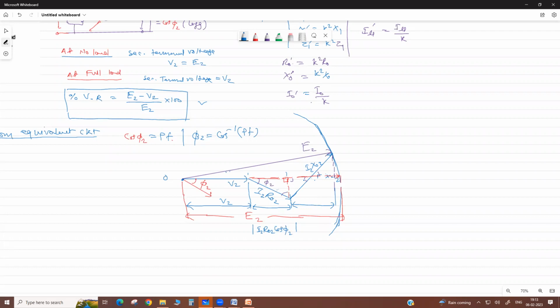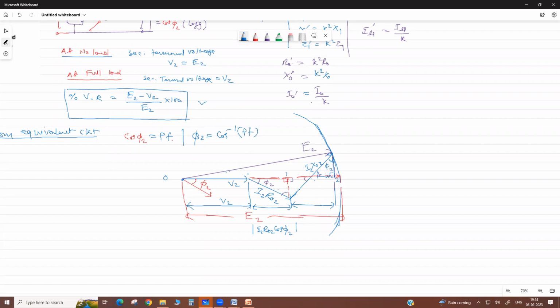And this makes an angle here. This is also 90, this is 90 minus phi 2, then this angle will come phi 2. Please remember, this angle is phi 2. This also comes phi 2.